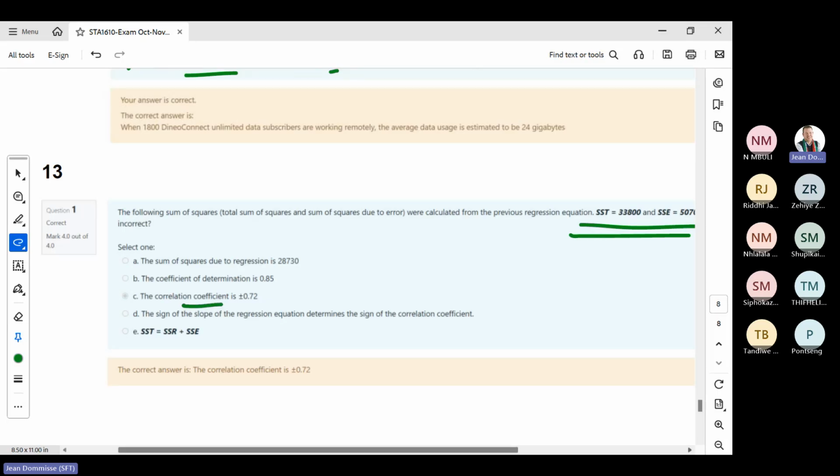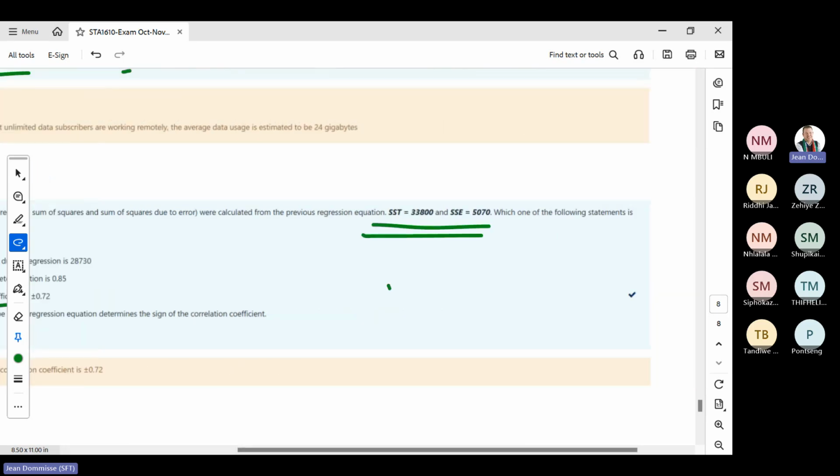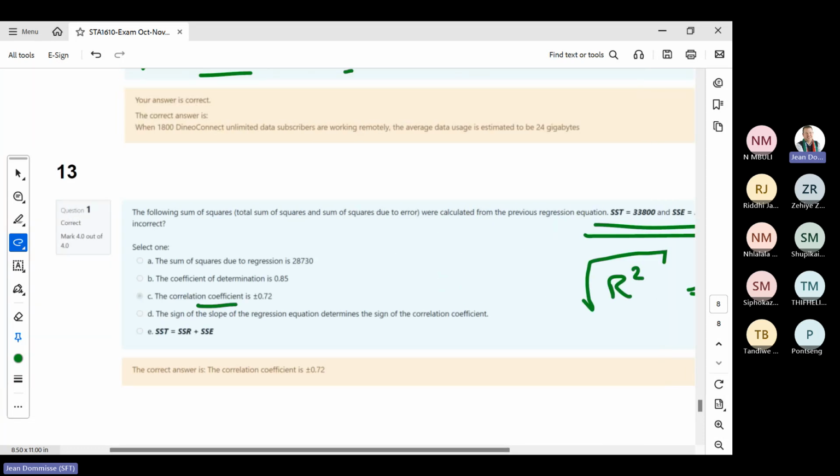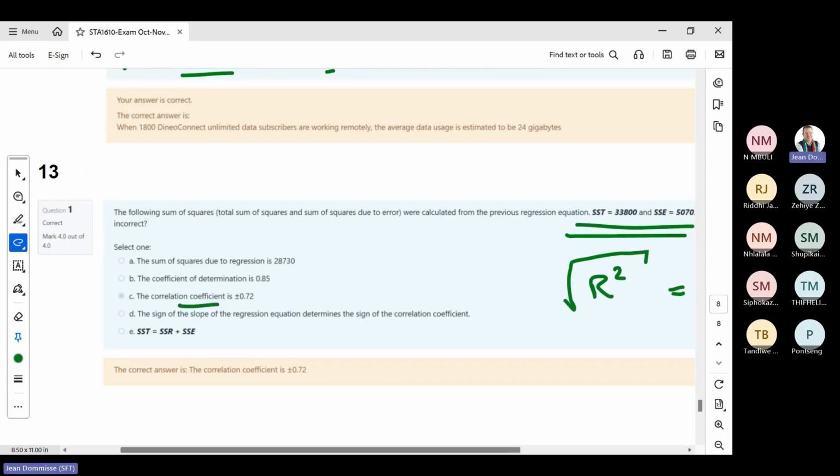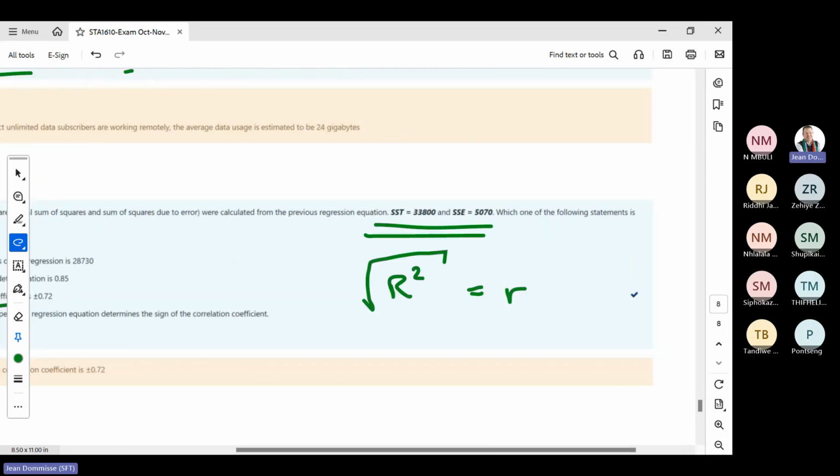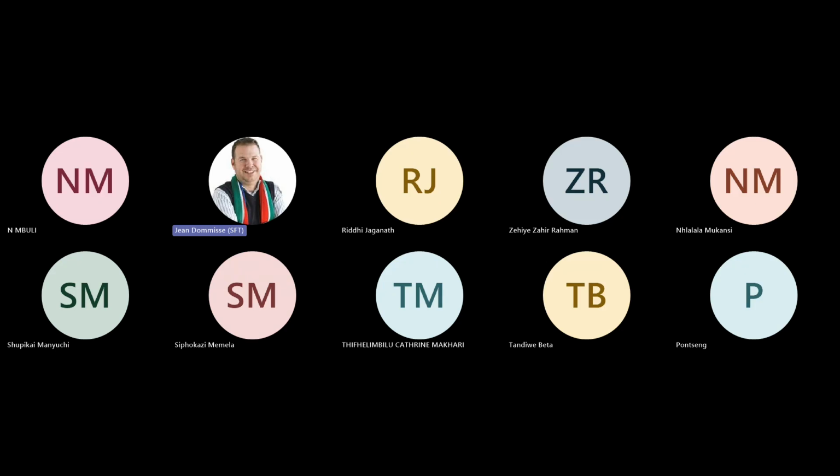They don't tell us here, so we're going to work out the R square, and if we square root that, we can get R. That is just what we're going to do, and then check which one is correct and incorrect. I will share the notes and the formula page as well, so that you guys have everything.